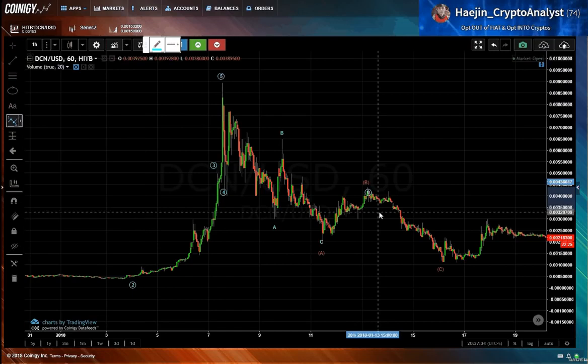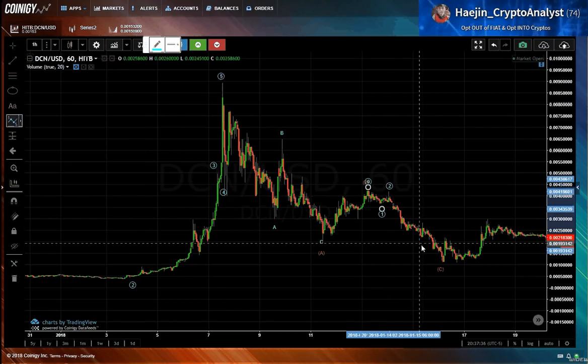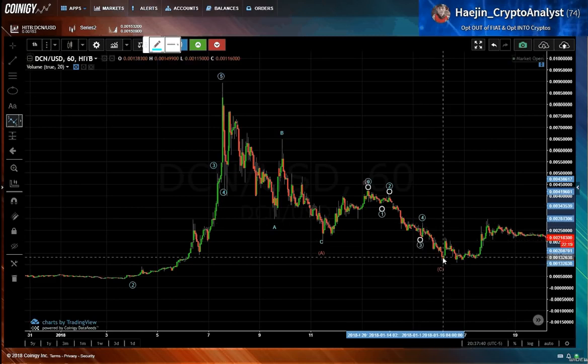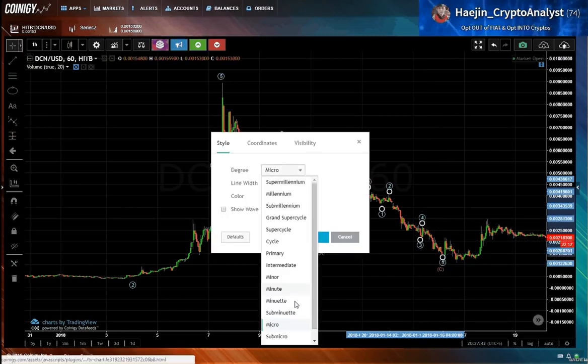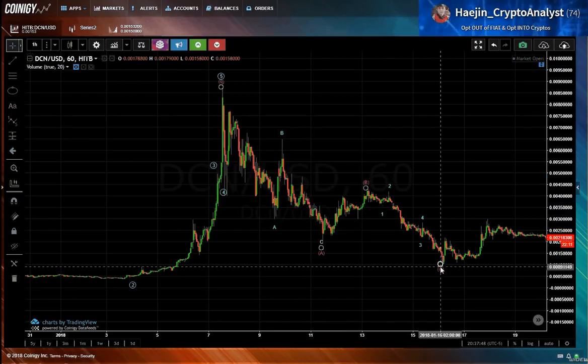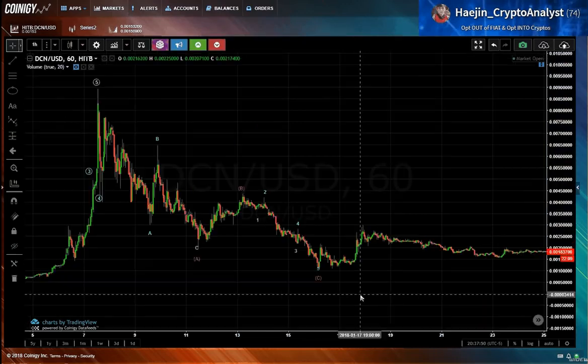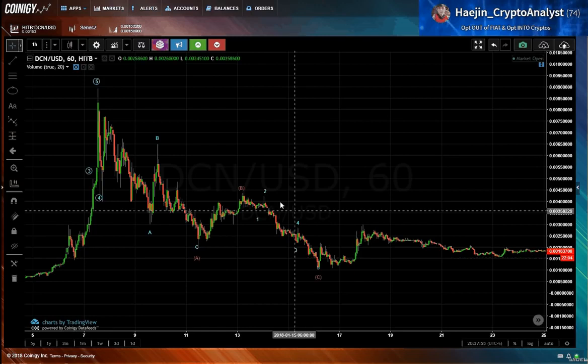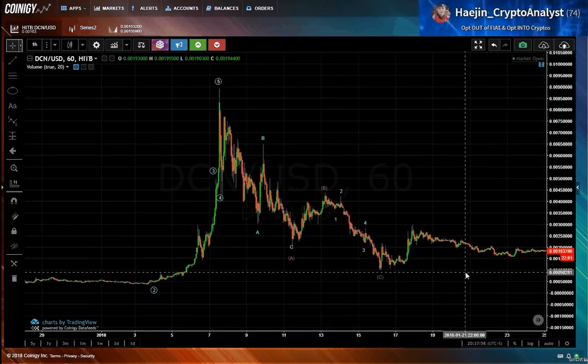Here it'll be 1, 2, 3, 4, and 5. So subwave counting will give you the geo positioning as to where you are in the whole scheme of the waves.